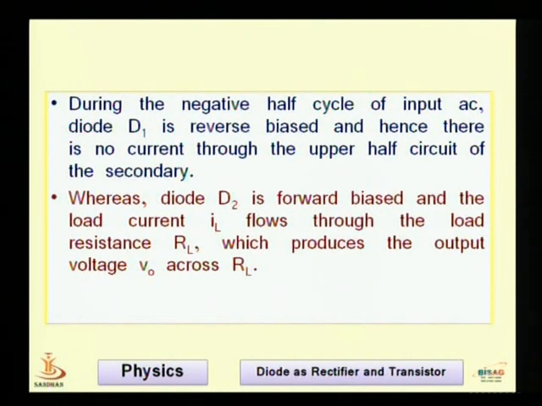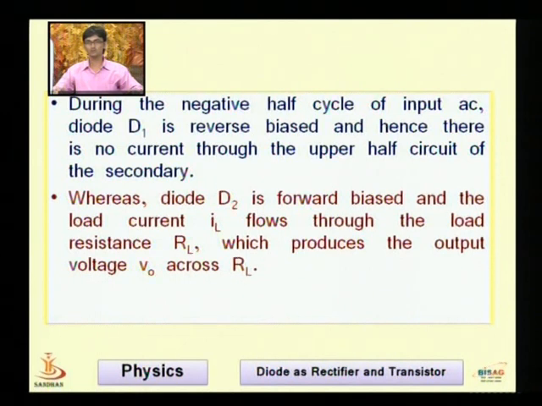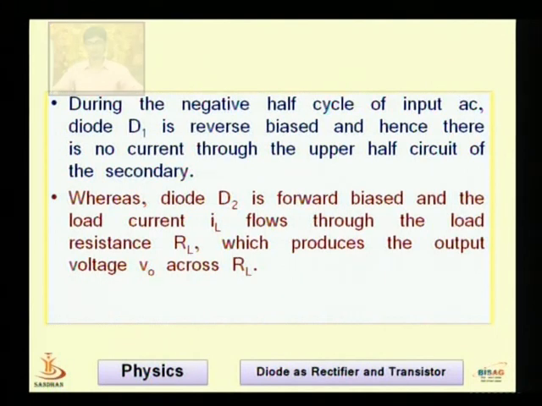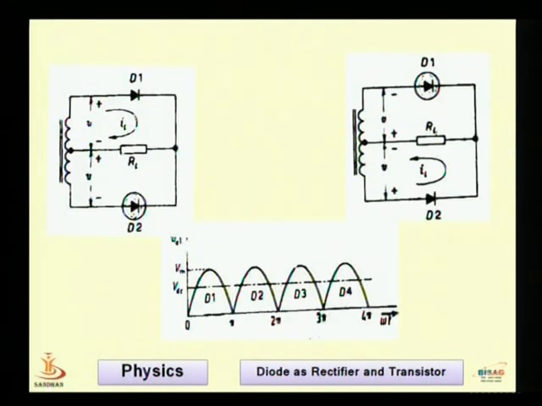So in the negative half cycle, we are getting the output due to the diode D2 and the load resistor RL. And as we have seen, diode D1 is reverse biased, so D1 is not going to conduct. These are the workings of diode D1, diode D2 and the waveforms.